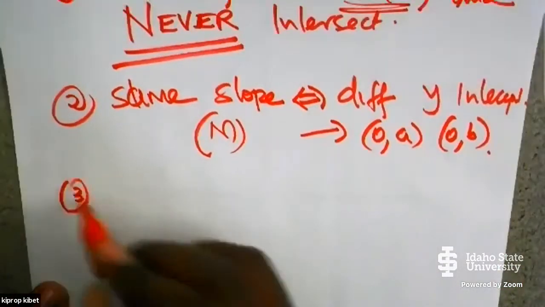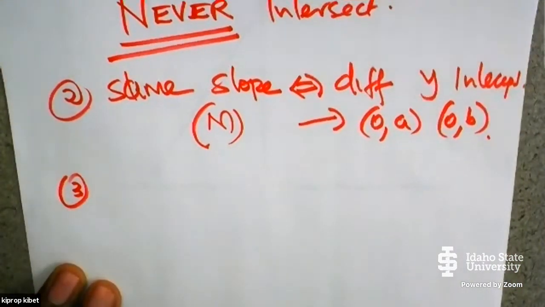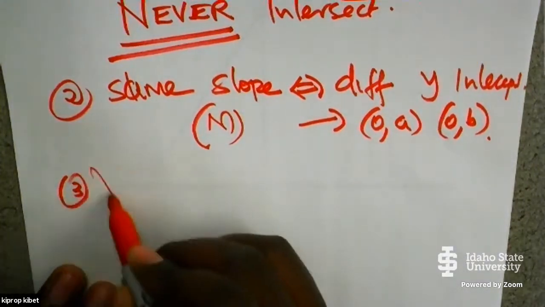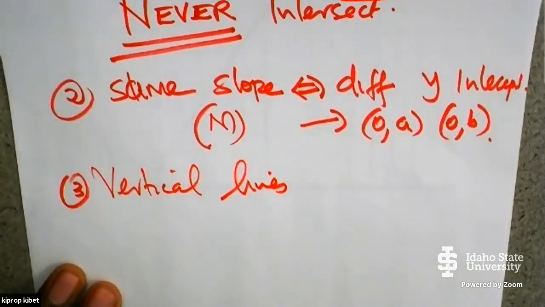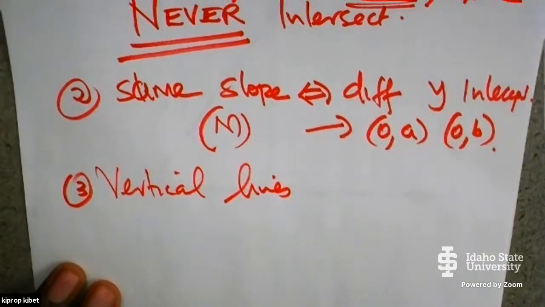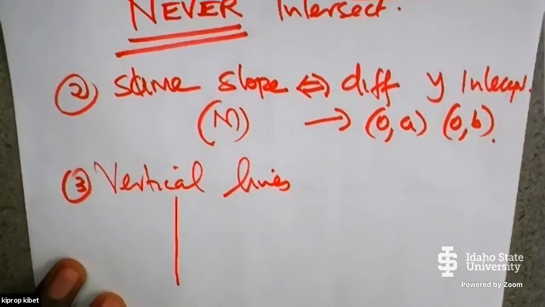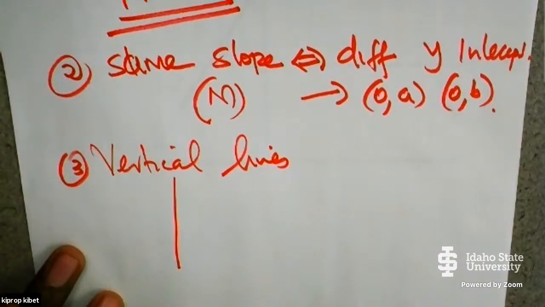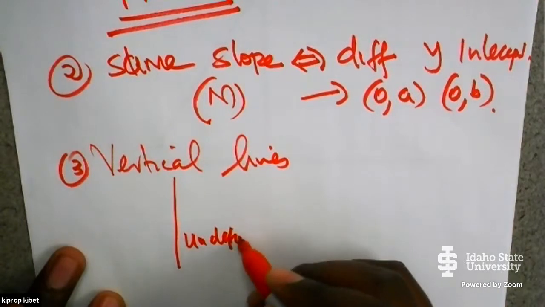Number 3, you can also have vertical lines. Let me say, what is the slope of a vertical line? So we say the slope is undefined.